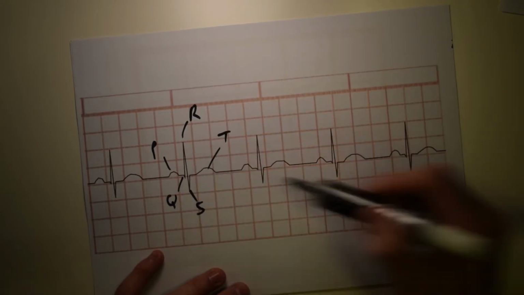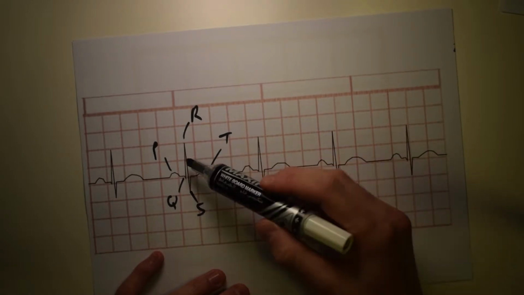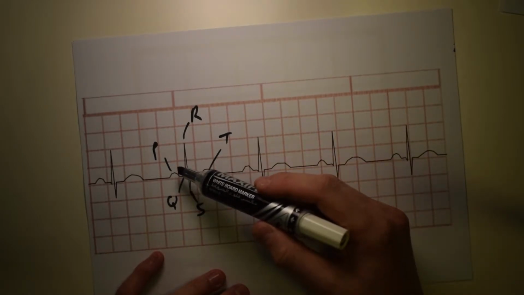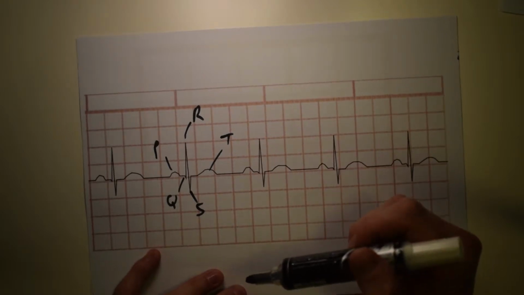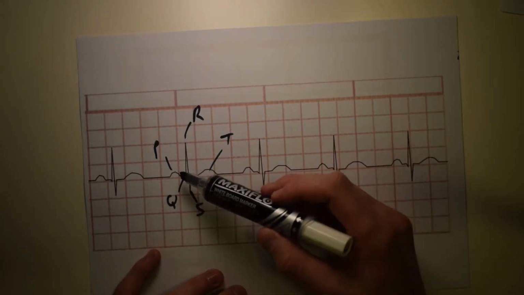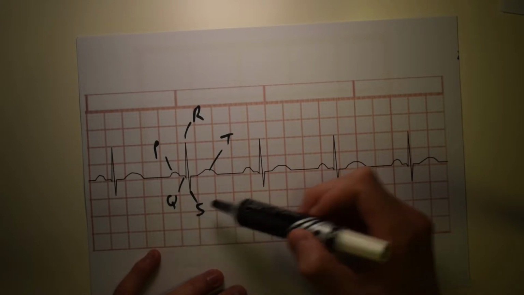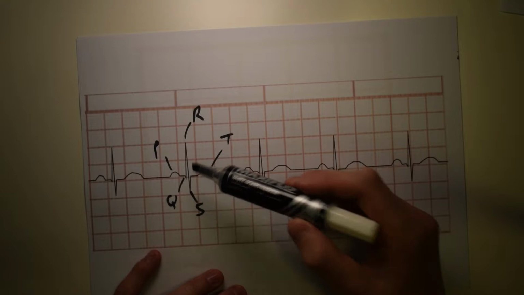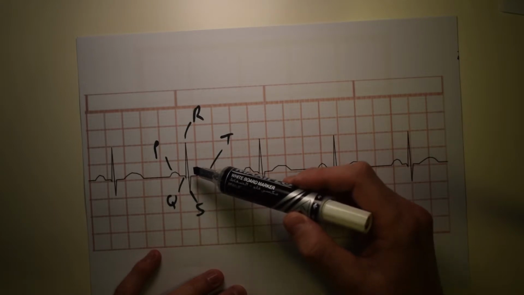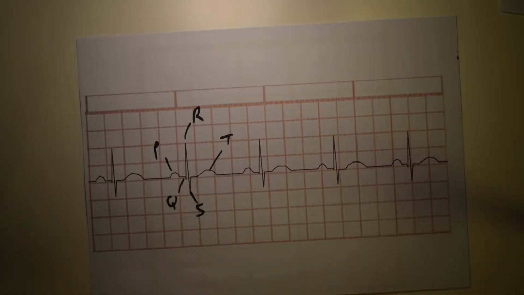So PQRST. P is for the atria contracting, so that is the SA node firing. That just pushes blood into the ventricles. Then you have the QRS, the Q wave, R wave, and S wave. That is the contraction of the ventricles.